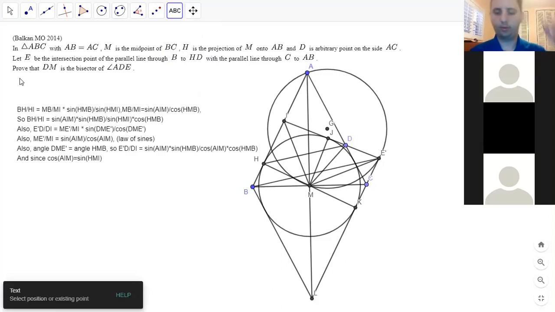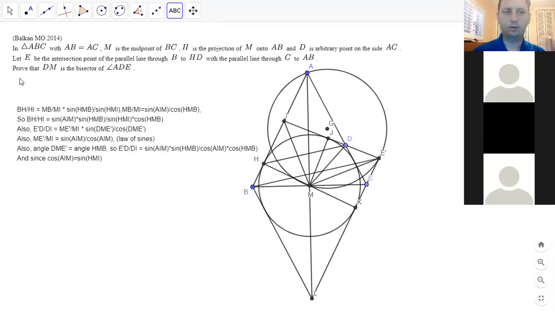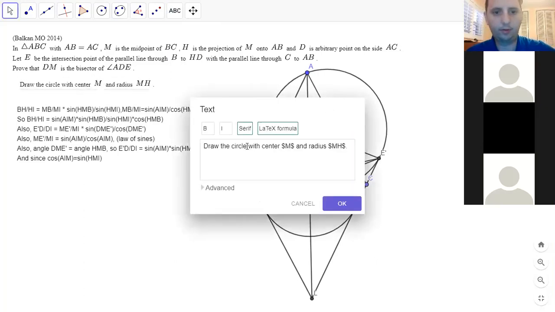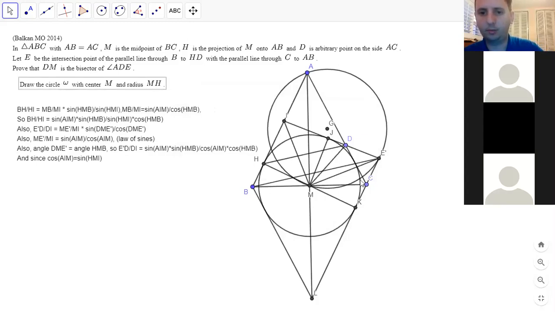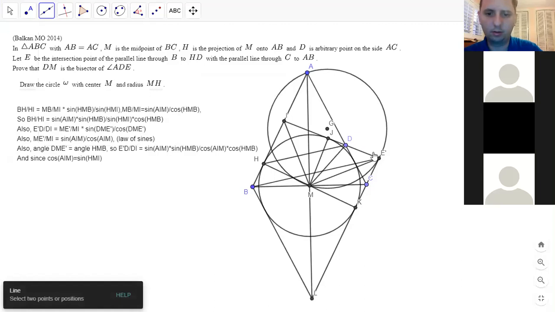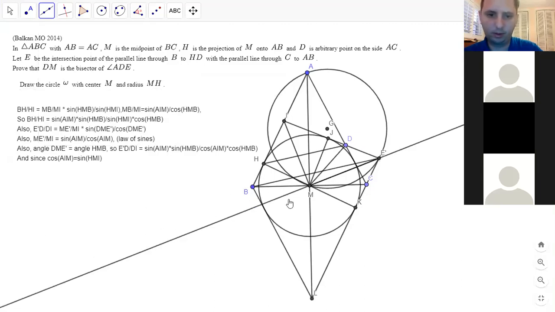So draw the circle with center M and radius MH. I'll give it a name. Does E prime M pass through the tangency point of BL and the circle? Let's see. Yeah, no, it doesn't look like it.